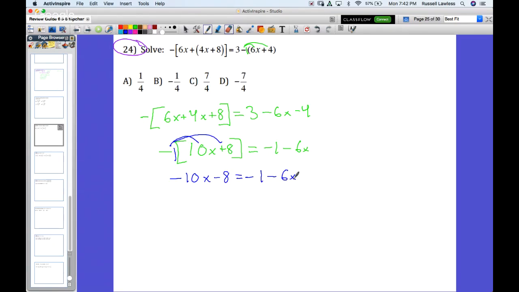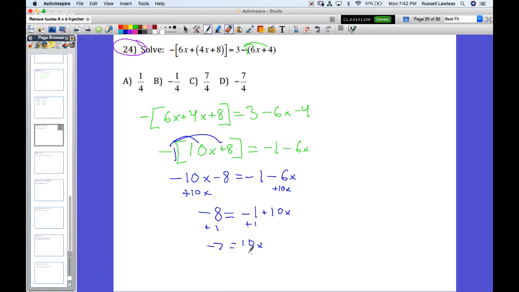So we want to solve for x. I'm going to add 10x on both sides. That'll give me negative 8 is equal to negative 1 plus 10x. Then I'm going to add 1 on both sides to get me 10x is equal to negative 7.